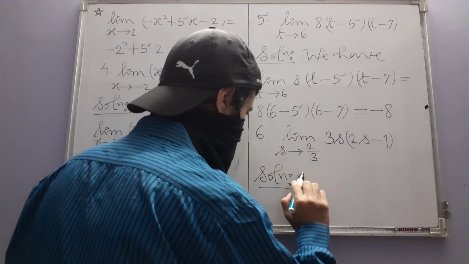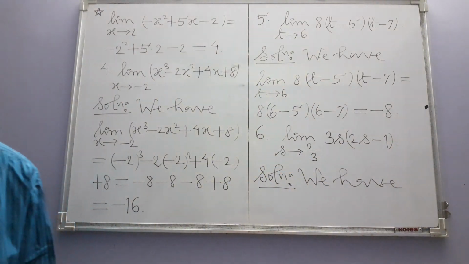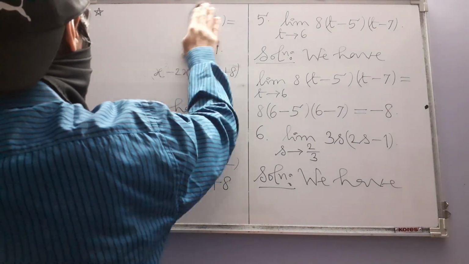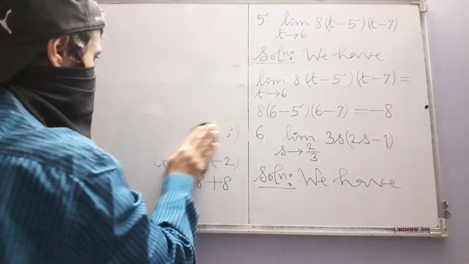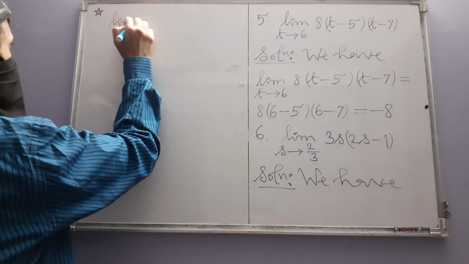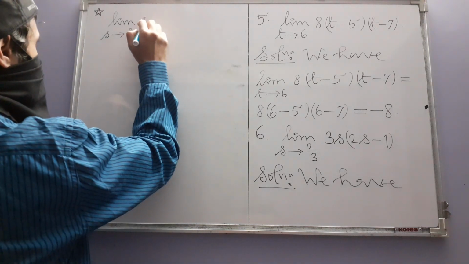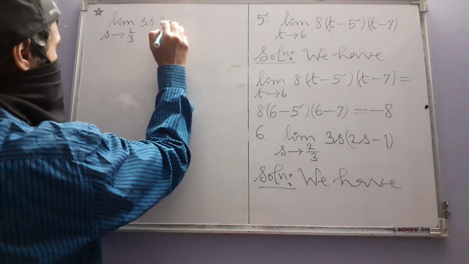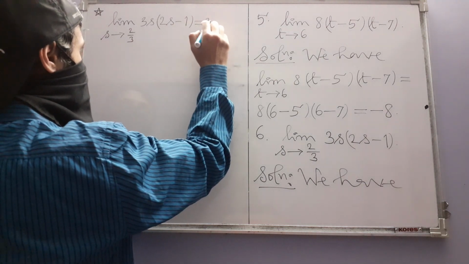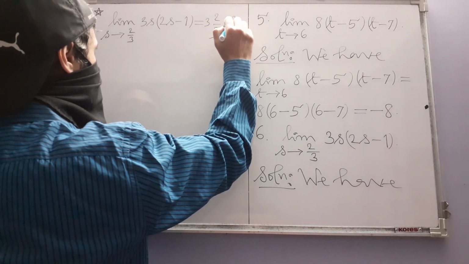So we have 3s times 2s minus 1. So if you do the substitution, you will get this.